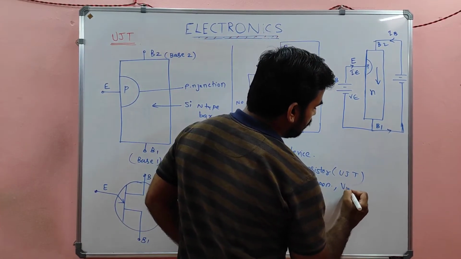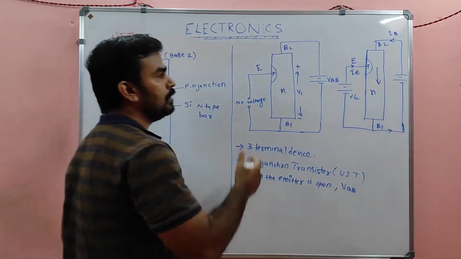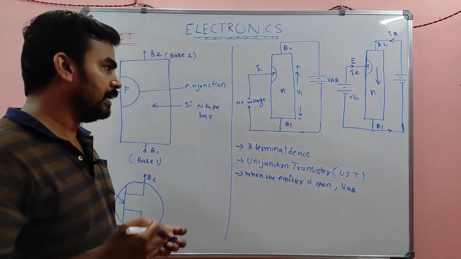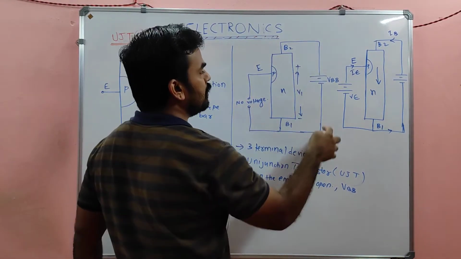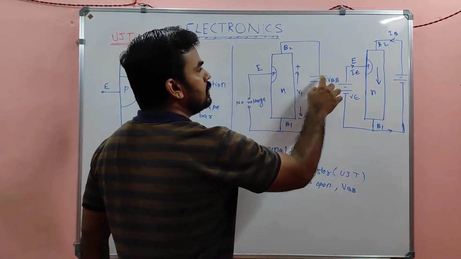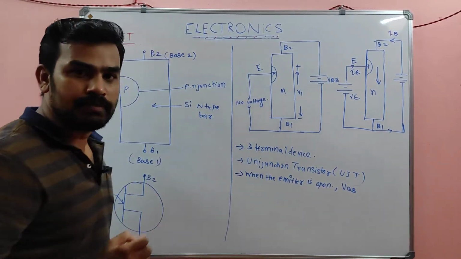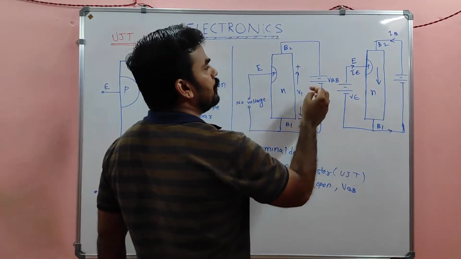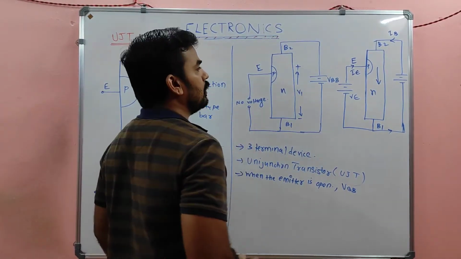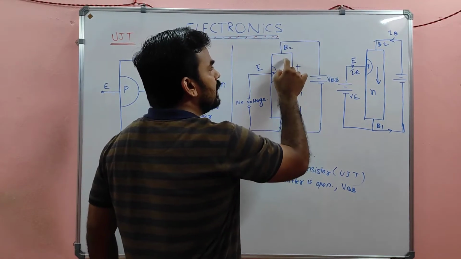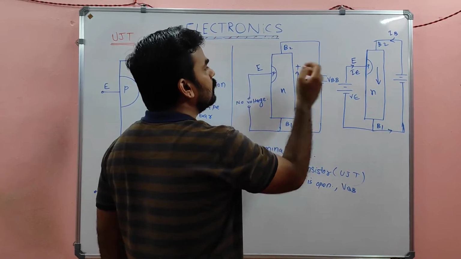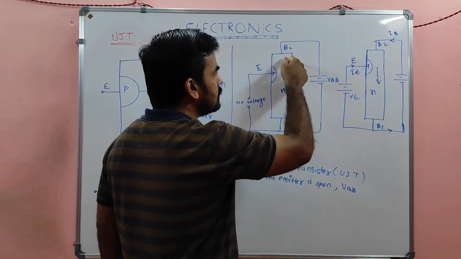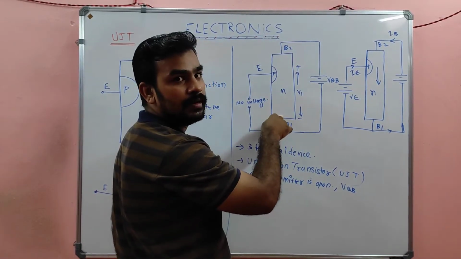We apply a VBB, which is nothing but the base to base voltage, with this polarity. The peculiarity of this voltage is that it reverse biases the whole N region. This is the N region, and this is P.